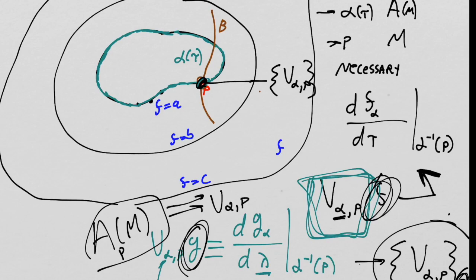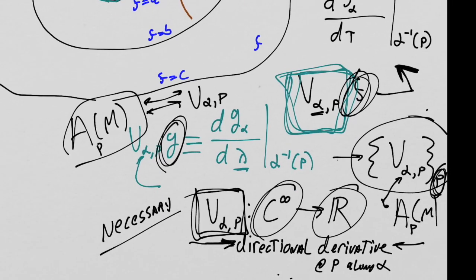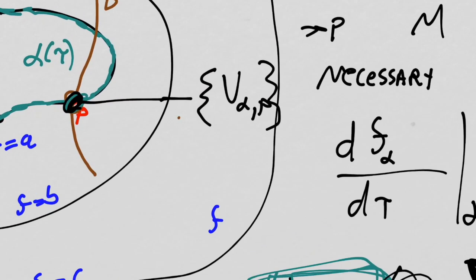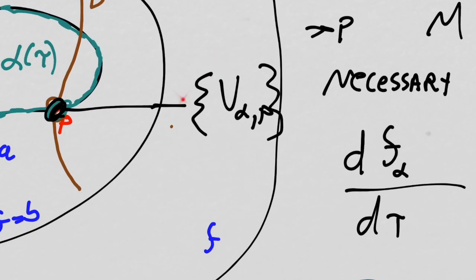So every curve gives you a directional derivative. And this directional derivative is an operator that takes functions on the manifold and returns real numbers. But you must think of these guys not just as their action on these functions. That's what defines them, but they exist independent of these actions. This is a set that exists in its own right, right?